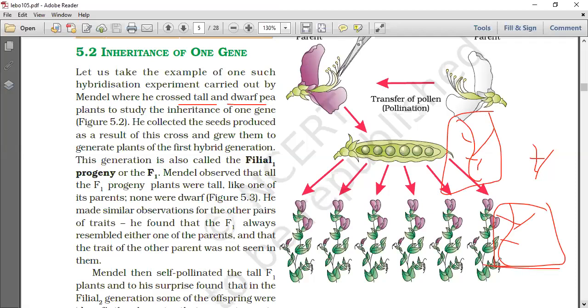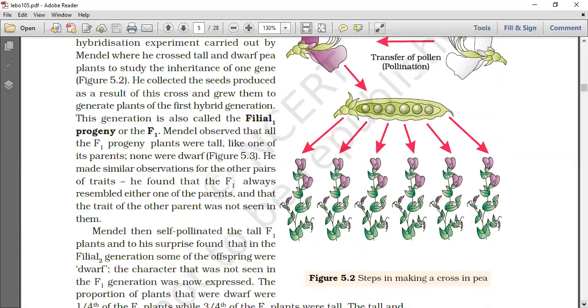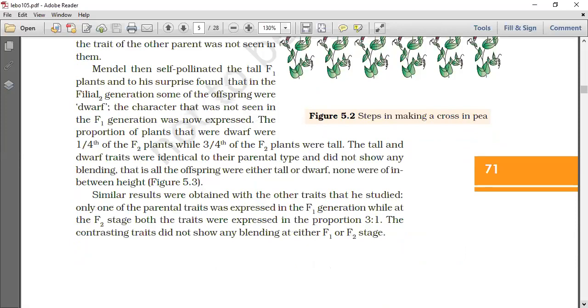He made similar observations for other pairs of traits. He found that F1 always resembled one of the parents, and the trait of the other parent was not seen in them. Like in a yellow-green cross, only yellow appeared in F1. In a round-wrinkled cross, only round appeared. Then Mendel self-pollinated the tall F1 plants and, to his surprise, found that in the F2 generation, some of the offspring were dwarf.